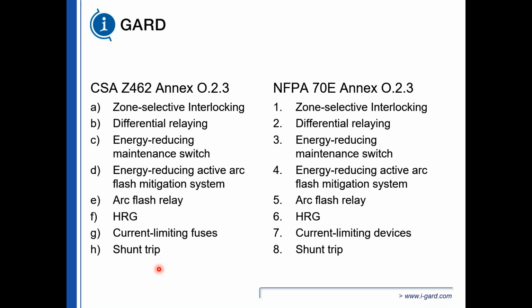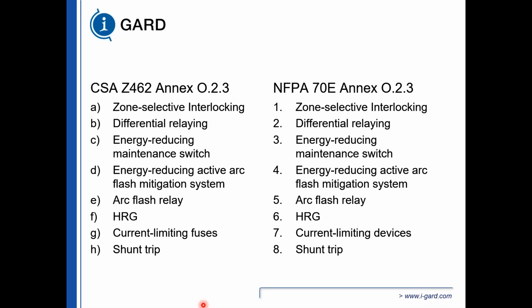You're not sacrificing coordination for arc flash protection or mitigation, because if the current coming into the board doesn't equal the current exiting the board, then you have a fault within the board, and it may be or will be an arc flash. Zone selective interlocking does interfere with some coordination if it's not done right.